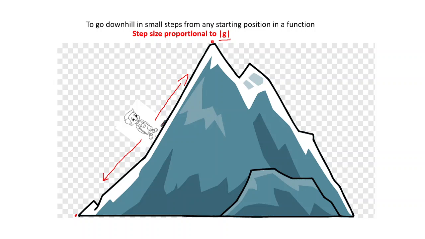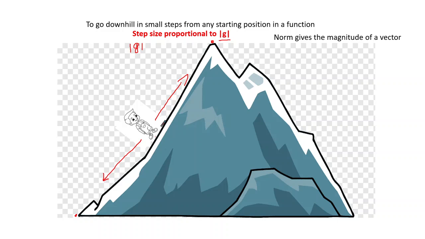We are considering that the gradient is depicted as g. Norm is a function which gives the magnitude of a vector. So the step size will be proportional to the magnitude of the original gradient. But we are moving in a direction just opposite to the gradient, so we are moving towards the negative gradient in this case.